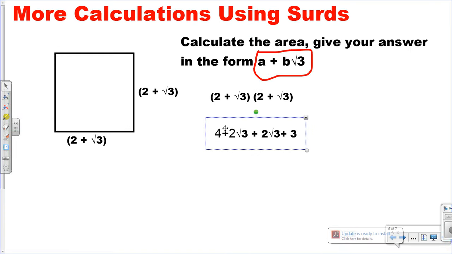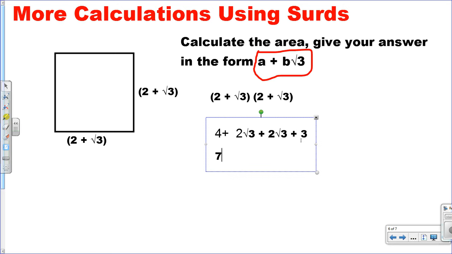Here we've got a 4 and a 3. What I'm going to do is separate the surds out a bit so you can see where the surds are and where the numbers are. We've got a 4 and 3 here. So 4 plus 3 is 7. So we've added that 4 and 3, so they're eliminated.